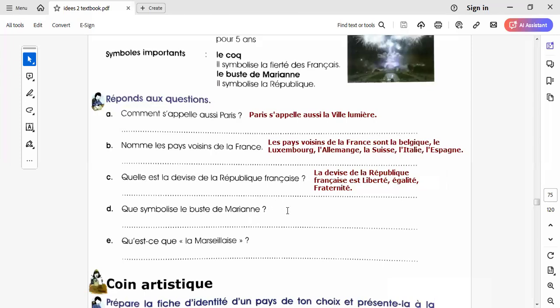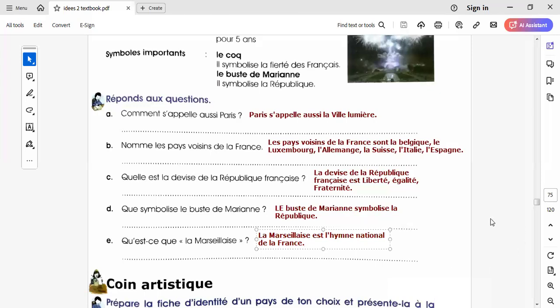Que symbolise le buste de Marianne? Answer is le buste de Marianne symbolise la République. Qu'est-ce que la Marseillaise? What is the Marseillaise? La Marseillaise est the national anthem of France. So these are the answers of this.